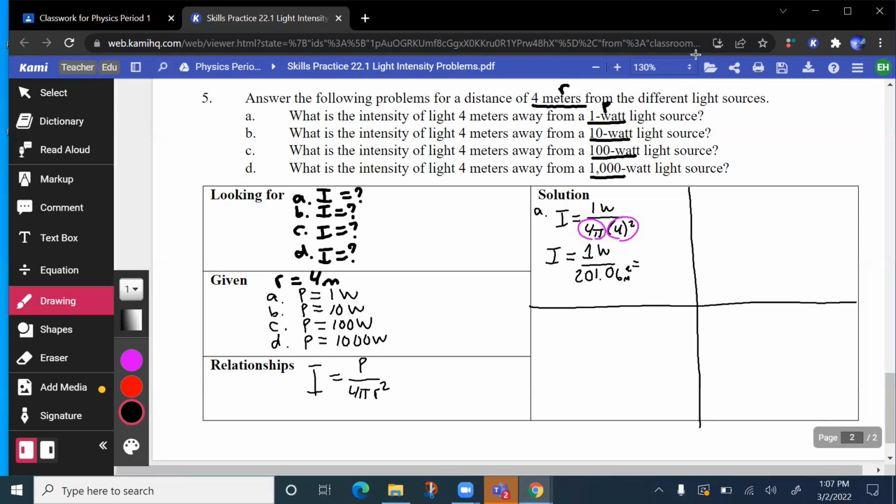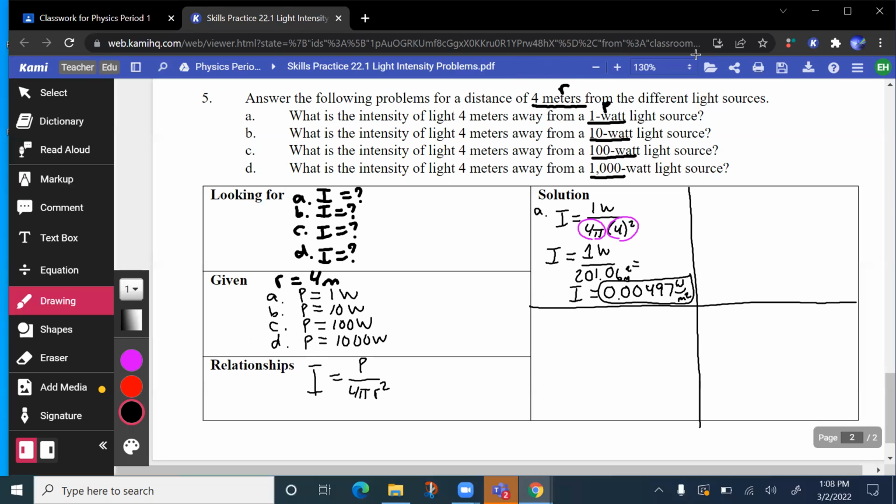So divide those, and we get an intensity for a 1 watt light bulb of 0.00497 watts per square meter. Very low intensity. That makes sense. A 1 watt light bulb is not very bright.